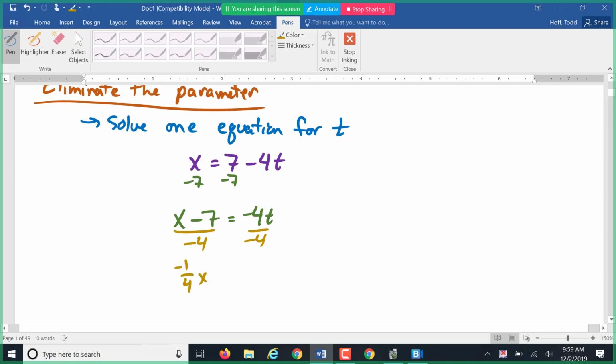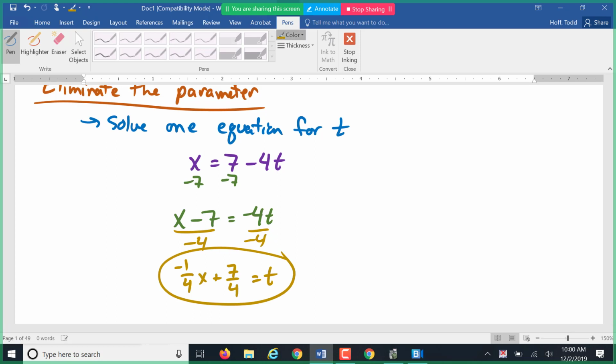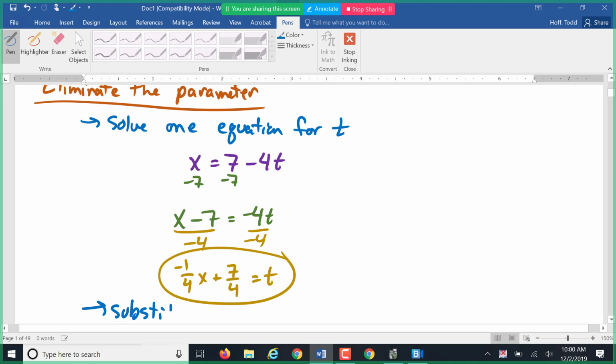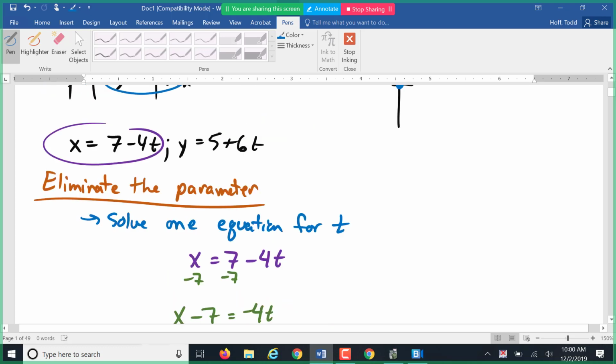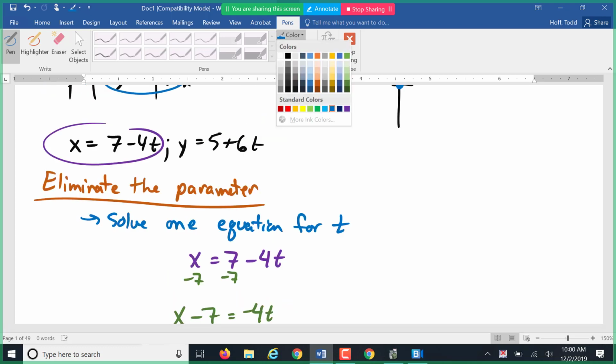Negative 7 divided by negative 4 is a positive 7/4. Of course, that equals t. Once we've solved one of them for t, we substitute in the other equation. So that other equation was y equals 5 plus 6t.